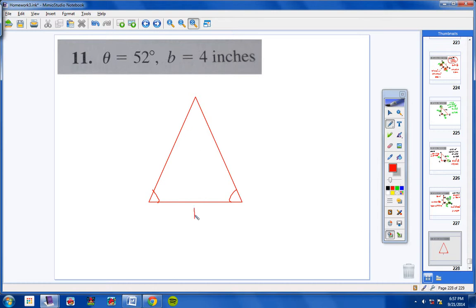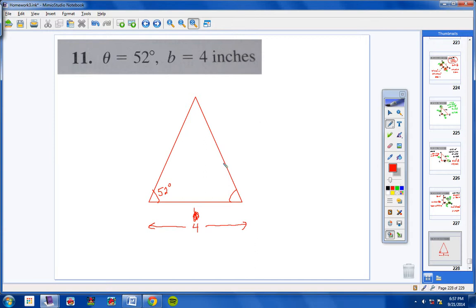And this is side B right here. Now, theta is 52 degrees, so I'm going to put 52 degrees here. And B is 4 inches, so I'm going to cross this B off and put a 4 right here. 4 is the measurement of this entire bottom side here.